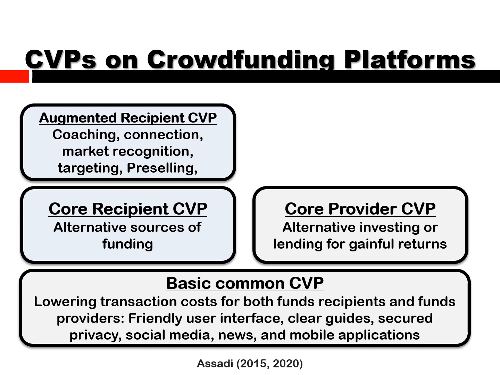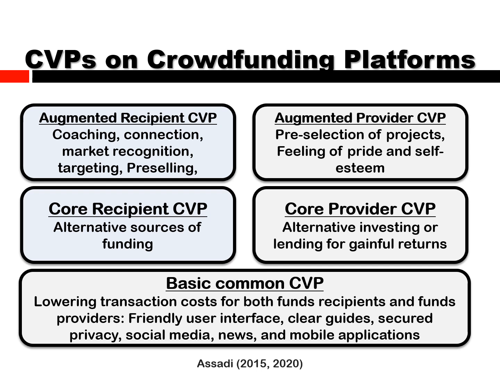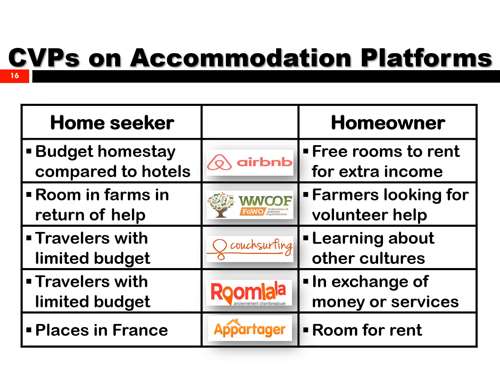We continue. There are more customer value propositions specific for receivers of money. Then you have coaching, connections, and so on, and pre-selection of projects of those asking for money, for the investors on the other side.